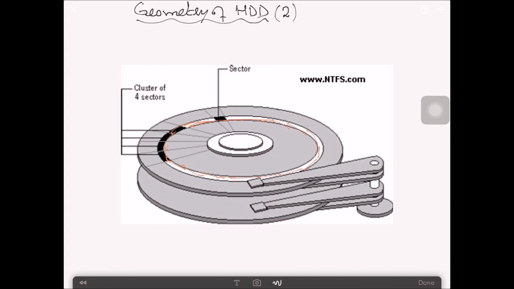There are thousands of tracks on each side, and each track is of the same width as the head, so that the head can easily read a track. And on a track you can see a portion that is the sector. Over here you can see a cluster of 4 sectors.